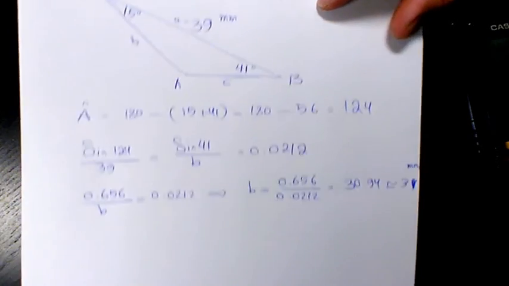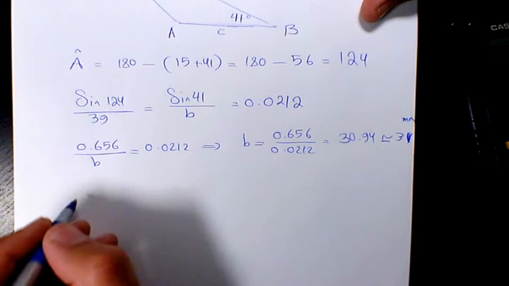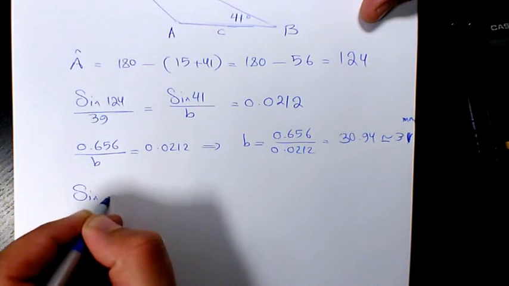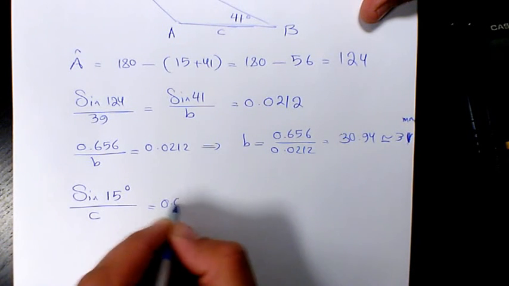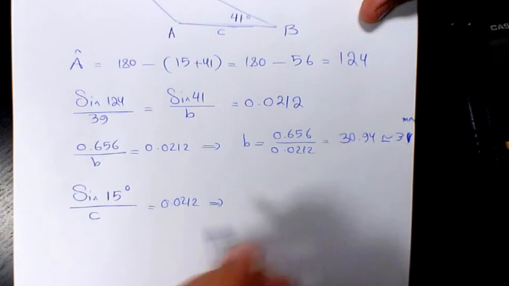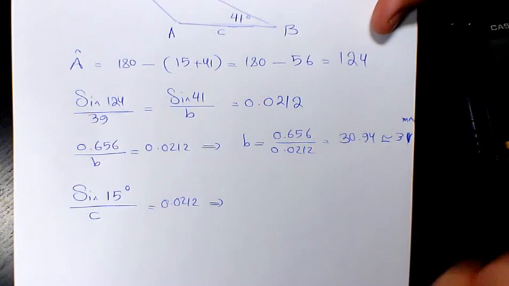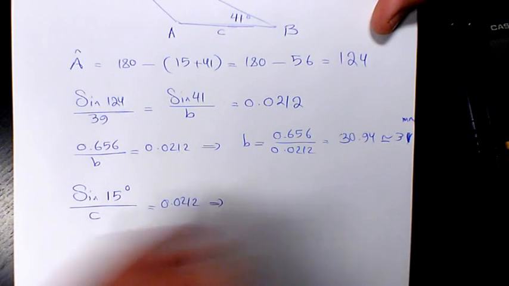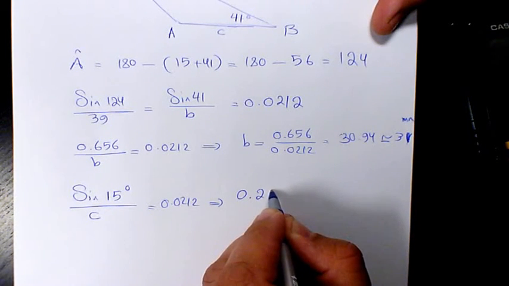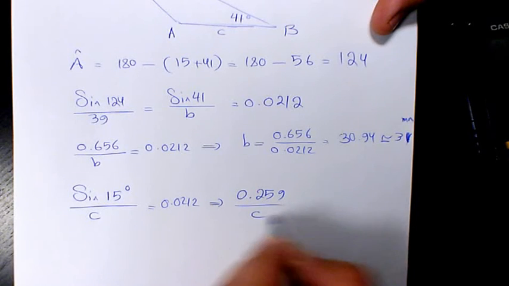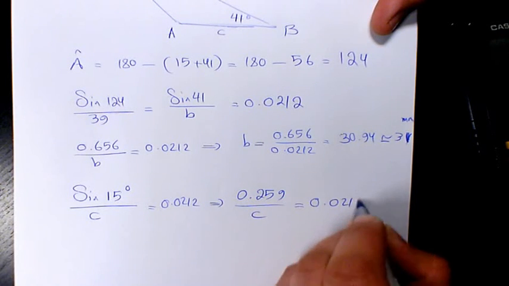Now what is c? c is going to be sine 15 degrees over c equals to the same ratio. Once we got the ratio, we can use it for the rest of the information. So sine 15 is 0.259 over c equals to 0.0212.